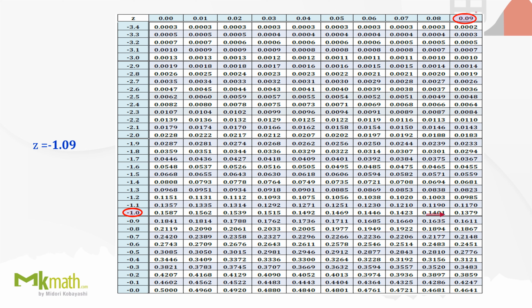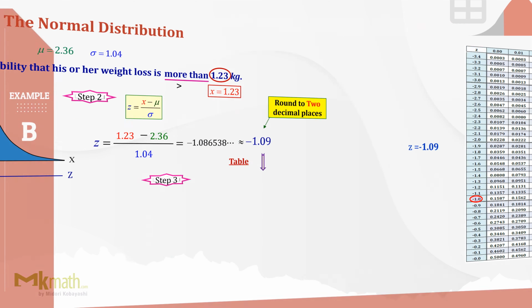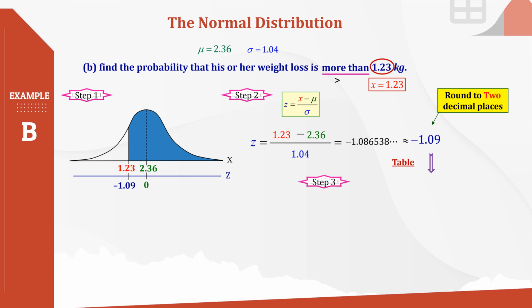The intersection of those values is the left cumulative area to z-score negative 1.09, which is 0.1379. The z-score negative 1.09 gives a left cumulative area of 0.1379.